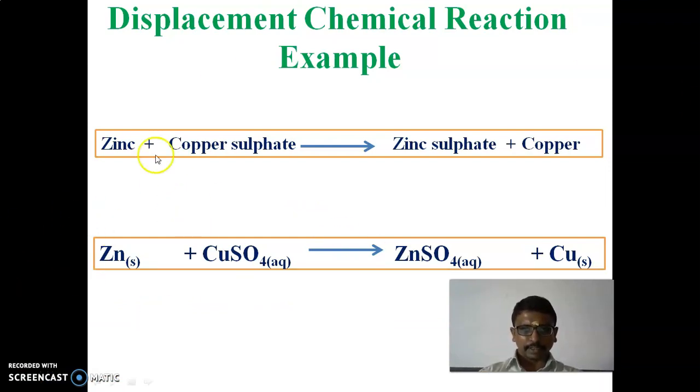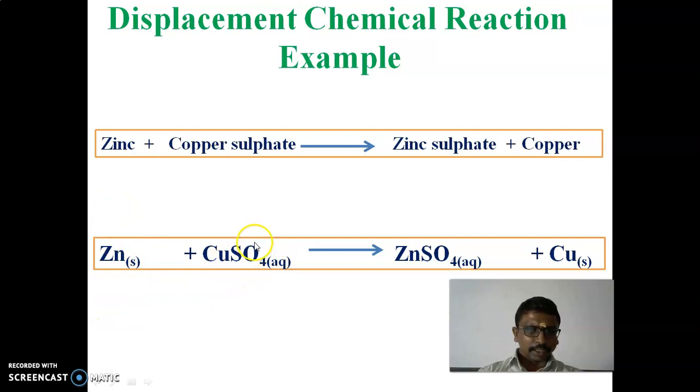So here you can see zinc, here copper. So copper is less reactive. So the zinc is more reactive.